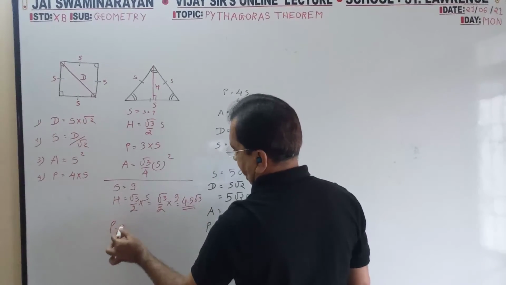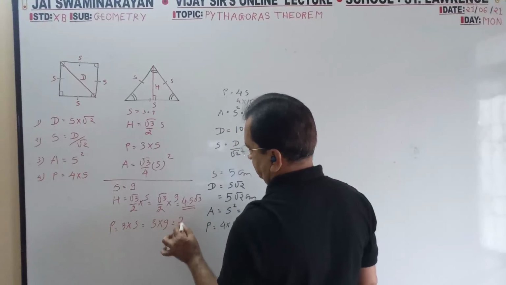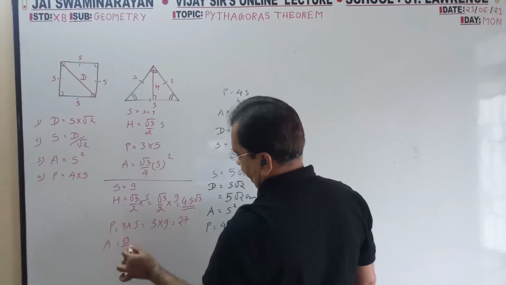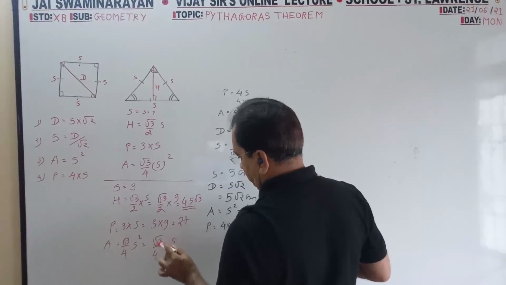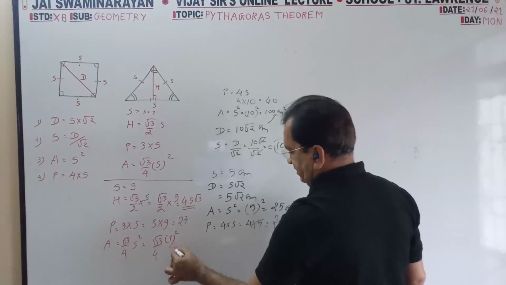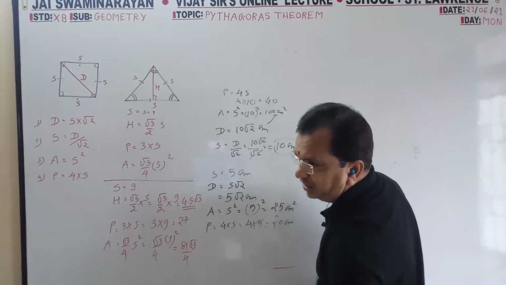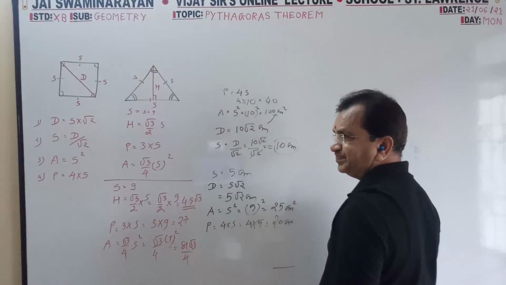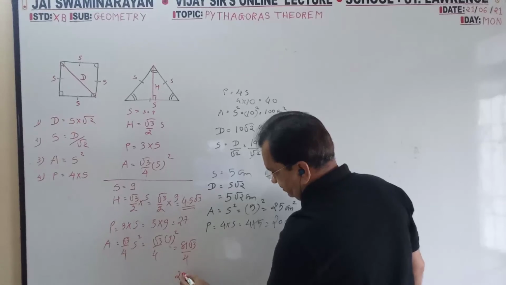Perimeter, 3 into side, 3 into 9. Area root 3 by 4 side square, root 3 by 4 into 9 square. 9 nines are 81, root 3 by 4. 81 half is 40.5, half of that is 20.25.